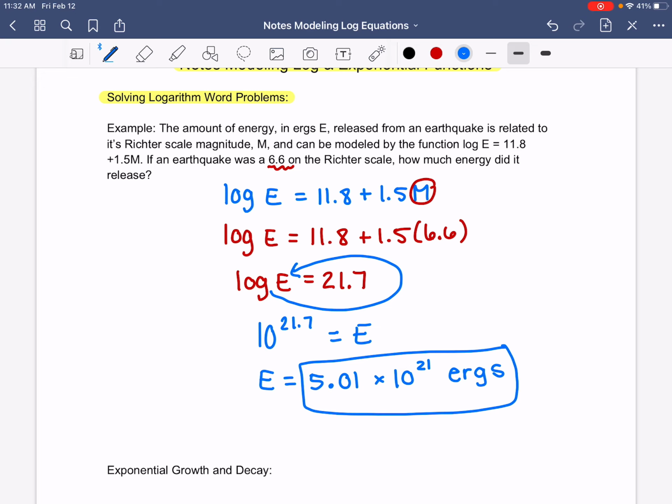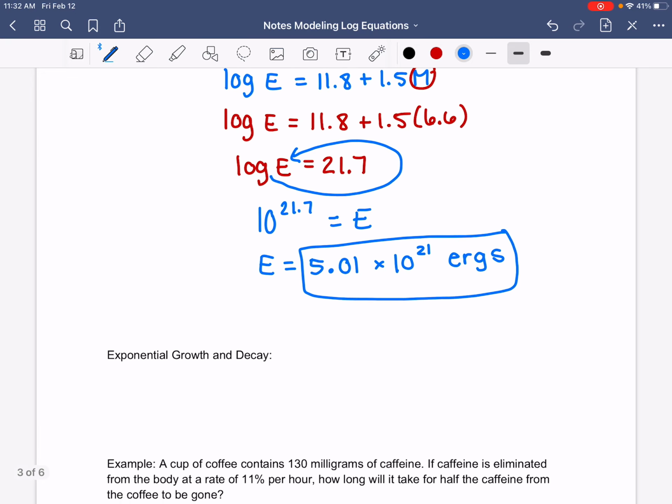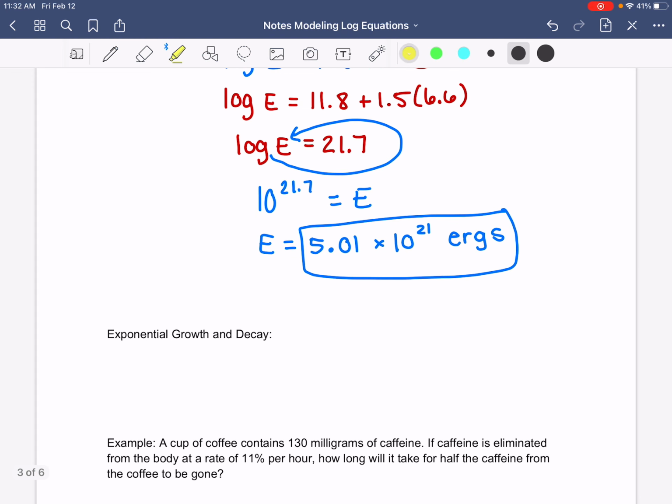So pretty much they're going to give you the log stuff. The next type of problem we're going to look at is if you have an exponential growth or decay problem. So these are going to be exponential.